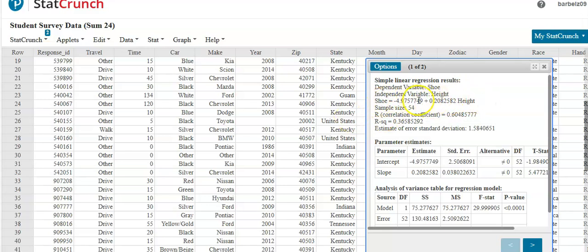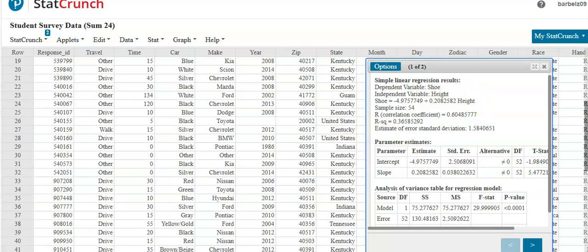And this equation right here, I'm calling shoe my y. So I really have y equals negative 4.9757749 plus 0.20825882, and the height I'm going to call x. So that is my regression formula.